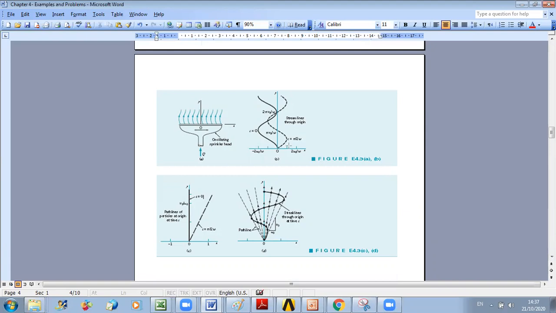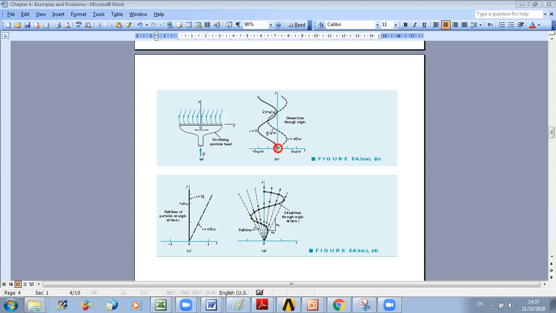Since you have an unsteady flow, if you take a picture of your flow field at t equals 0, it will be different than the picture of your flow field at t equal pi over 2 omega. So if you take a picture at t equals 0 and you want to track the streamline passing by the origin, you will observe this.